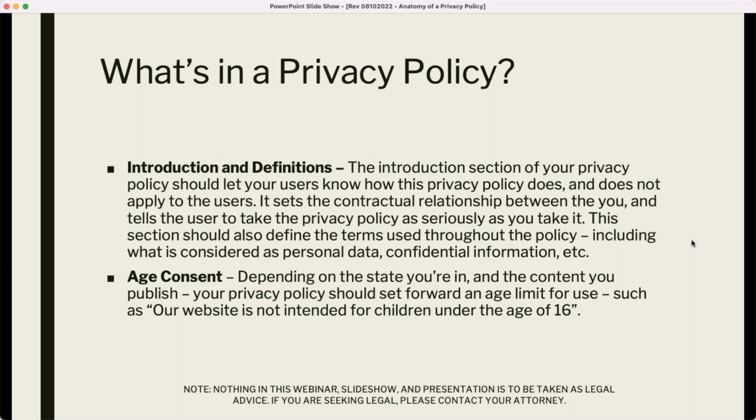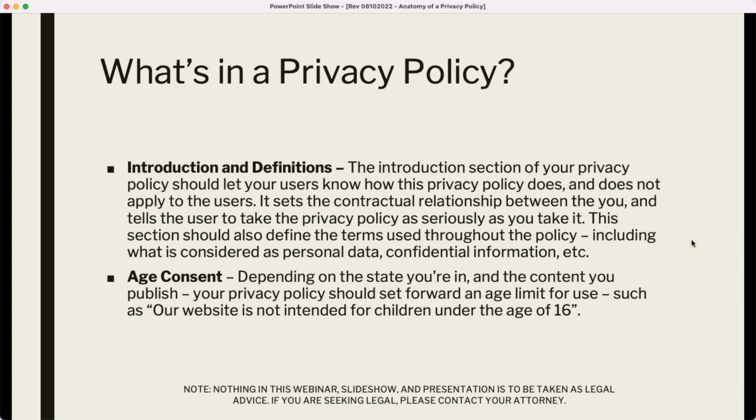This section should also define the terms used throughout the policy, including what is considered personal data, what is confidential information, and so on. There should be an acceptance section as well. This acceptance is essentially saying that, by clicking I agree or by using our website, you are agreeing to this privacy policy. So you need to understand what exactly is in here.